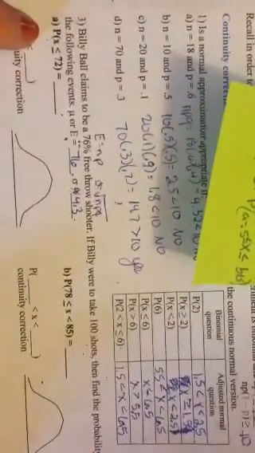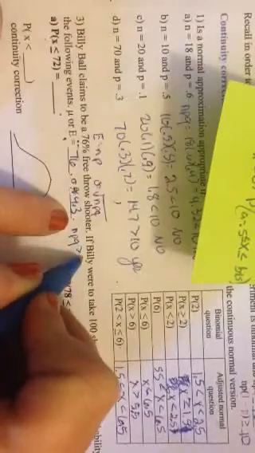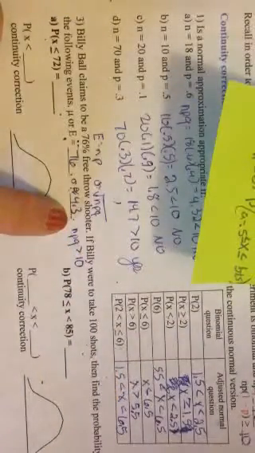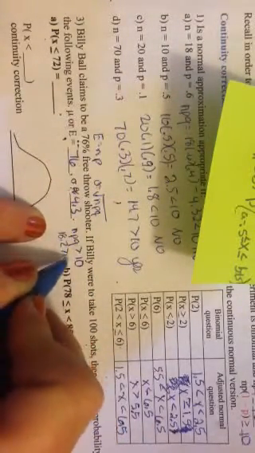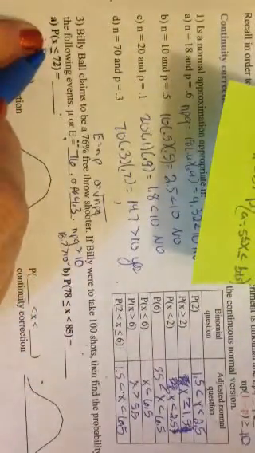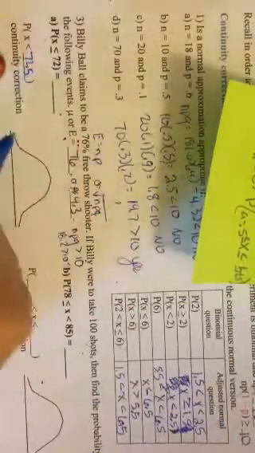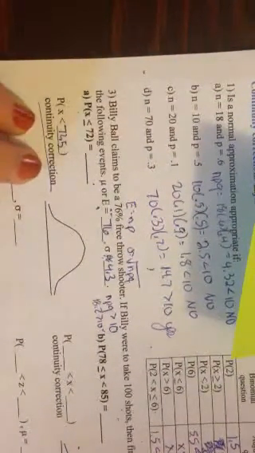All right. See if a normal approximation is appropriate. We have to say n times p times q is greater than 10, which it is, 18.2. So yes, it can be normally distributed. For x less than 72, we add, so 72.5. That's our continuity correction.